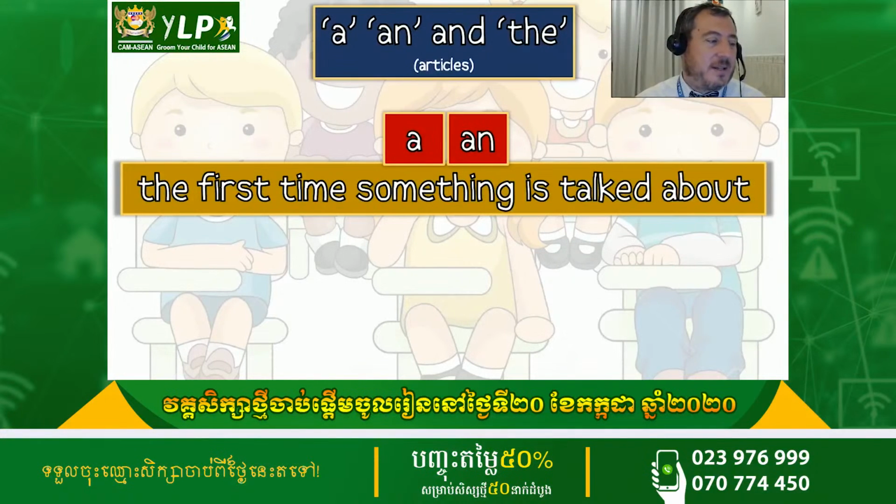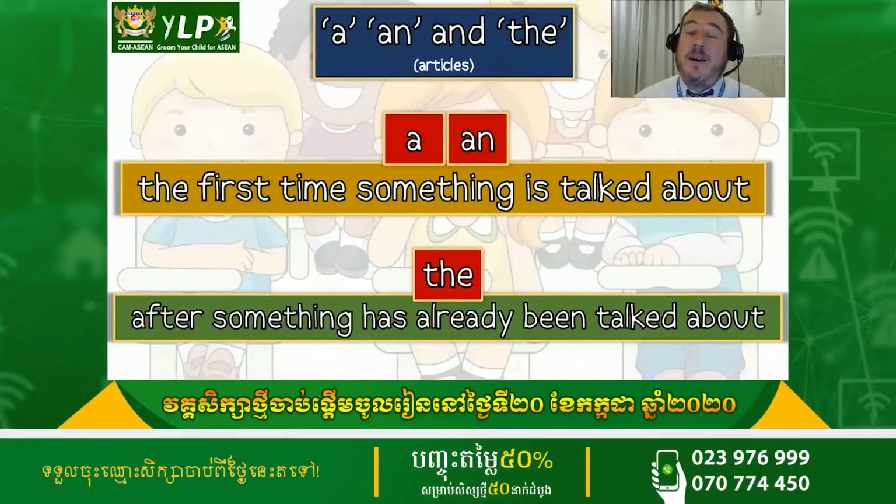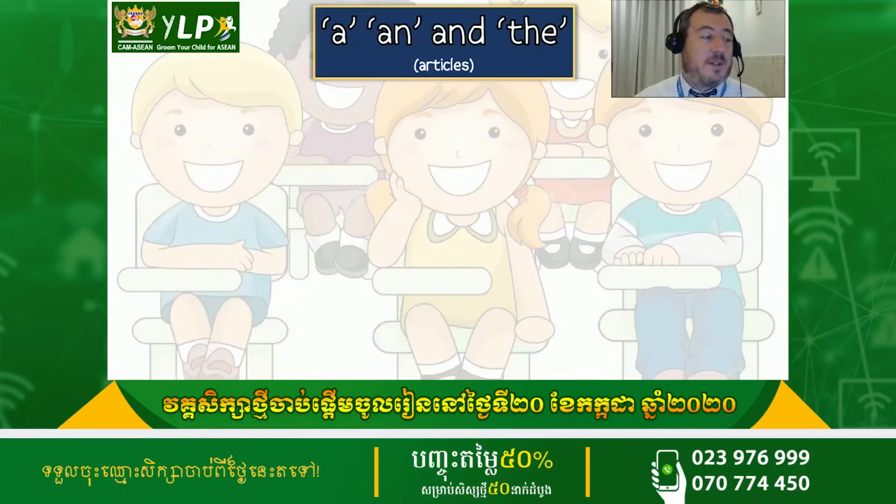We'll look at a sentence in a minute. Okay, and then after we've mentioned it, every time we talk about it after that, we would use the word the. Okay, let's have a look at some examples.